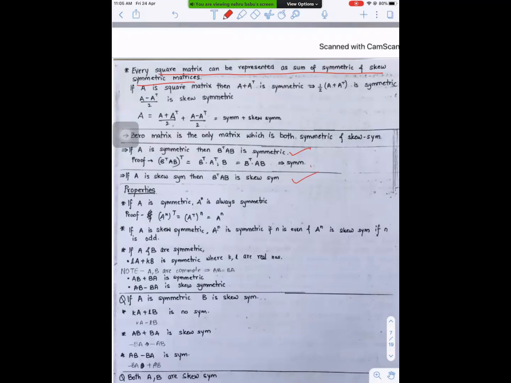Proof is just this line, second line. Take the transpose of B transpose AB; by the reverse law it comes like B transpose A transpose into B transpose whole transpose, which equals B transpose A transpose B. The reason is A transpose is the same as A in the symmetric case, and in the skew symmetric case it's B transpose into minus A into B. So from that you can say that.